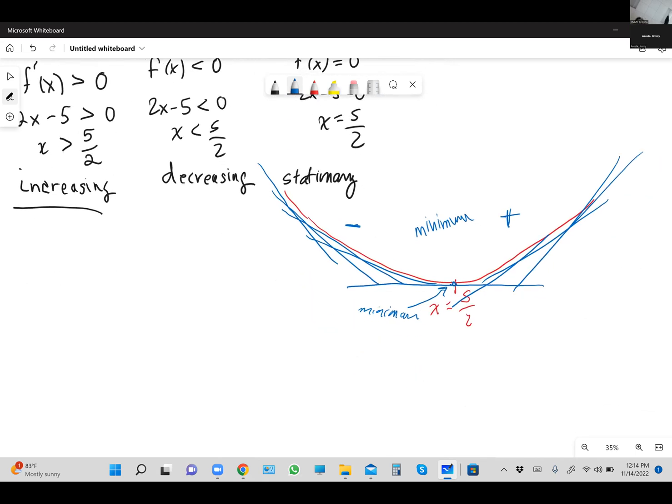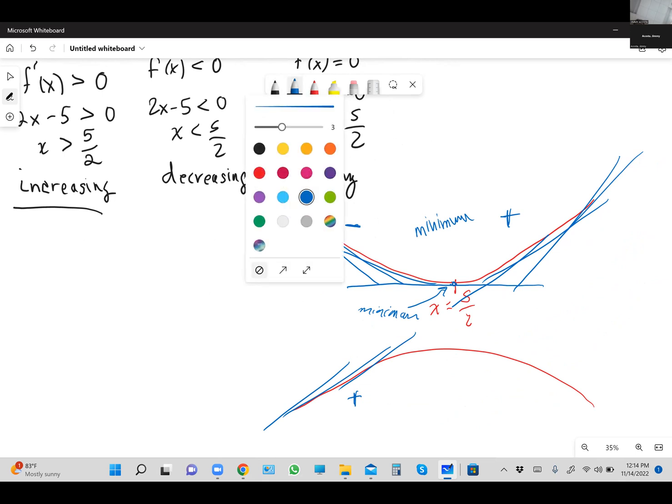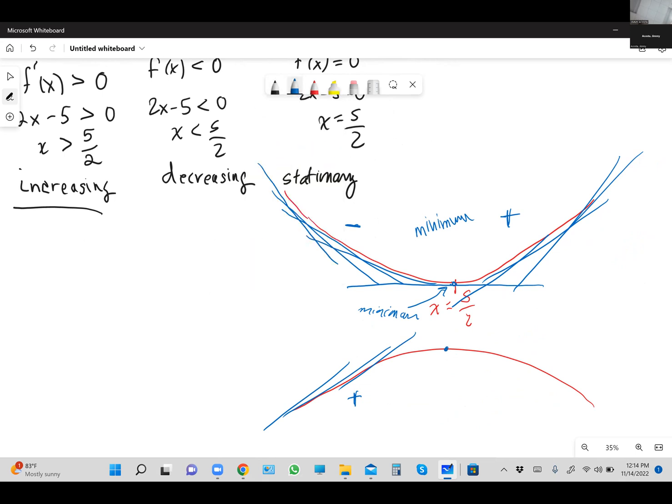You can imagine a situation where we have a parabola that looks like this, where on the left here, it's increasing, it's positive, and then after it passes the stationary point, it begins decreasing. In that case, we would have a maximum. Agree or disagree? You see that?